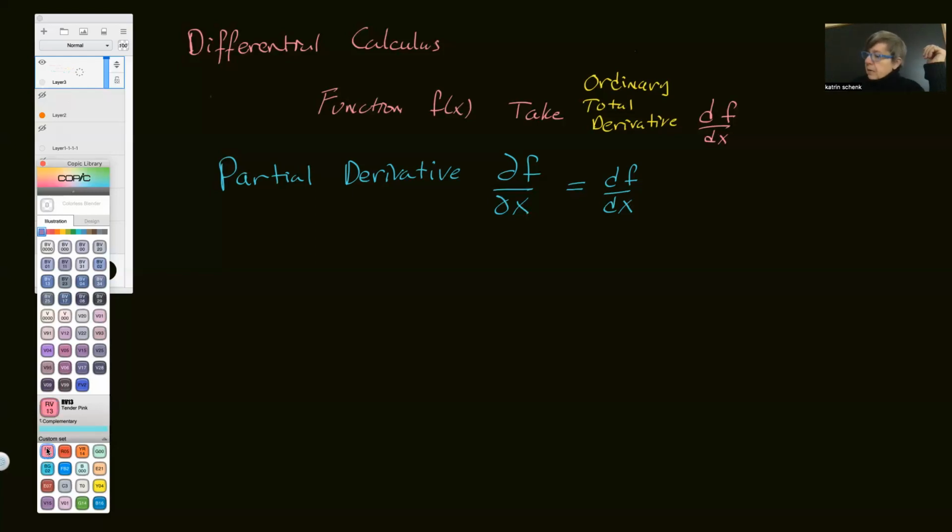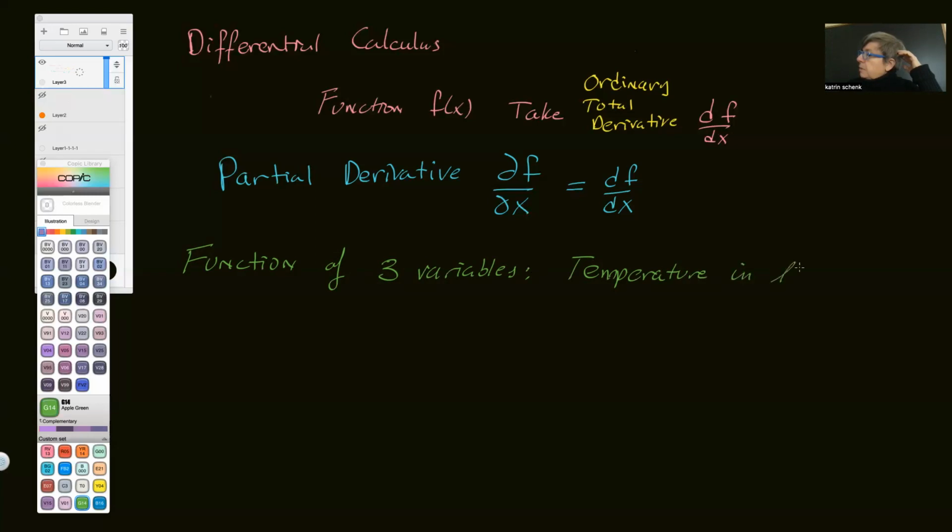So if we have a function of, let's say, three variables, and we'll make one up here, which is the temperature in the room, I would guess that it's a function of all three variables, right?